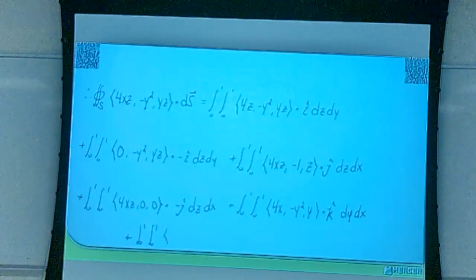Finally, Z becomes 0. Like so. This is what we have to evaluate.